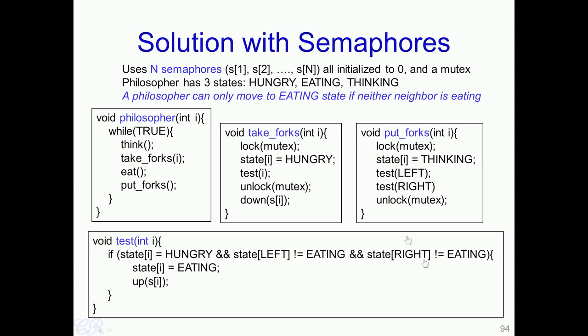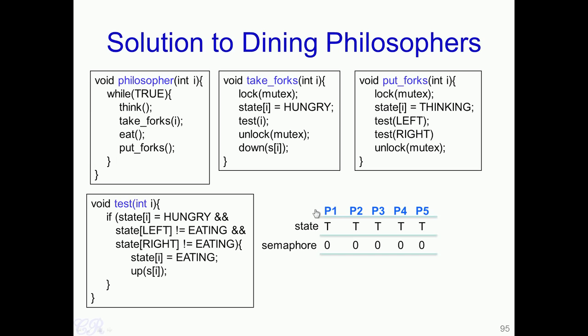So, let us look at this particular function more in detail. Let us say that these are the 5 philosophers P1, P2, P3, P4, P5, and let us say initially that all of them are in the thinking state. This is represented by the T over here, and as we know the initial values for the semaphores are all 0.